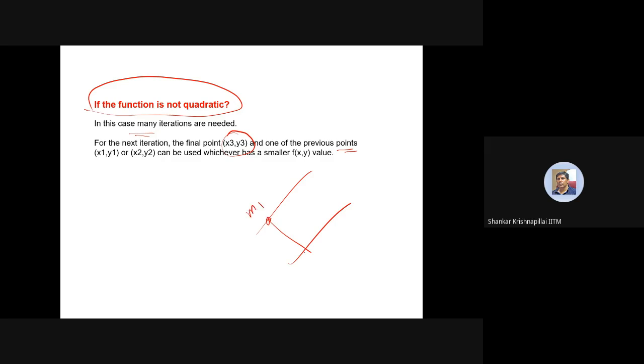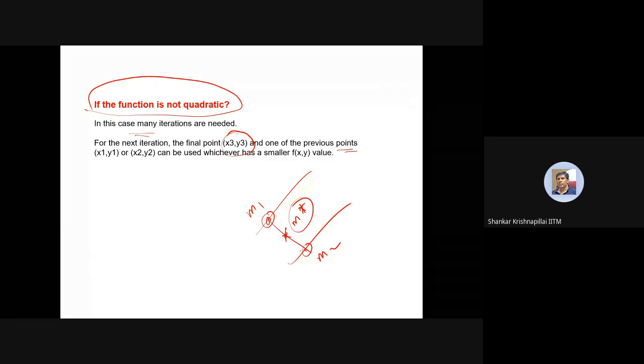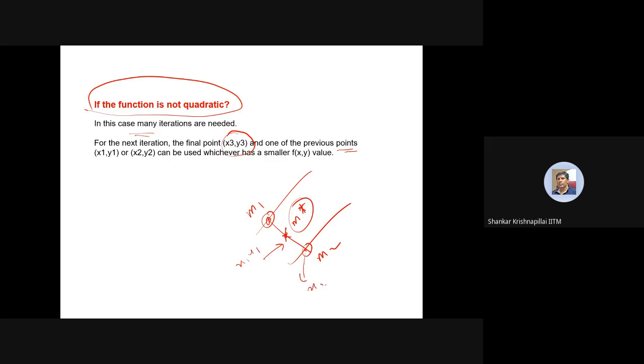M1 is here, M2 is here, so this is M star. You can take M star and one of these points for the next iteration, and then you can do the entire method, starting with this as x1, y1 and this as x2, y2.